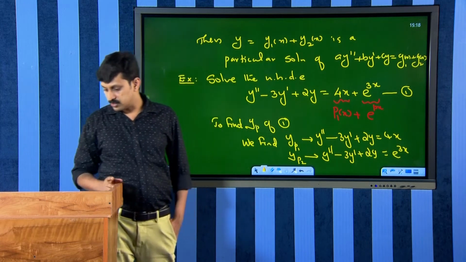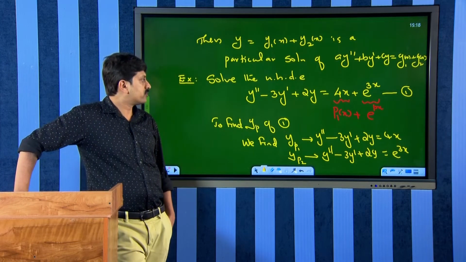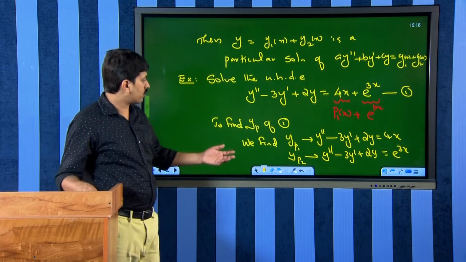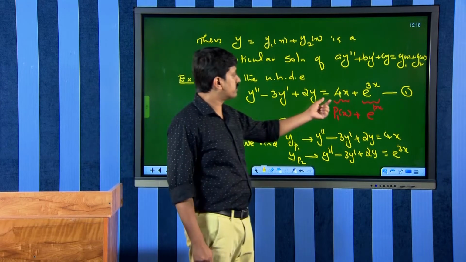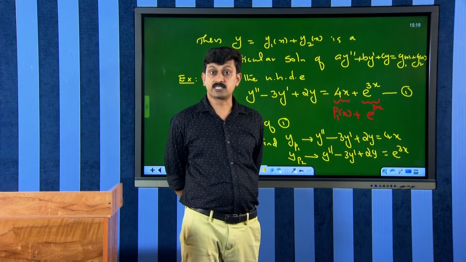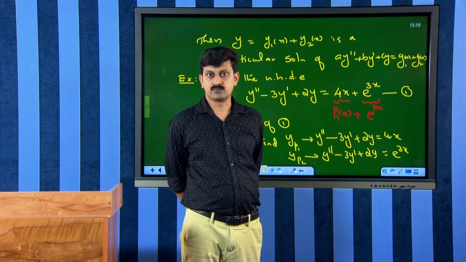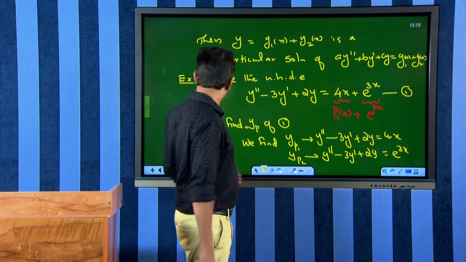Or otherwise, we can take yp as a first degree polynomial, k1 x plus k0, with a constant term.